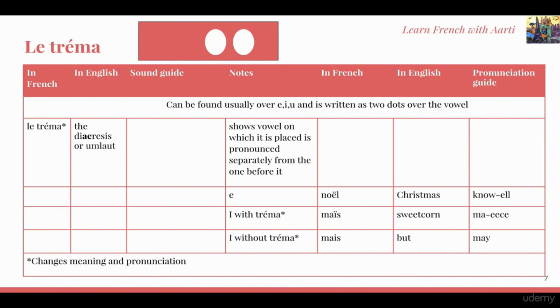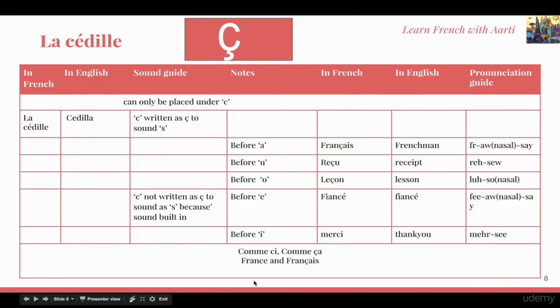With the letter E, Noël. Can you see how E is pronounced separately from O? Noël, which is Christmas. I with tréma is maïs, which means corn, sweet corn.